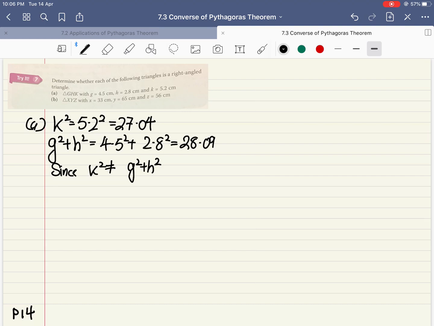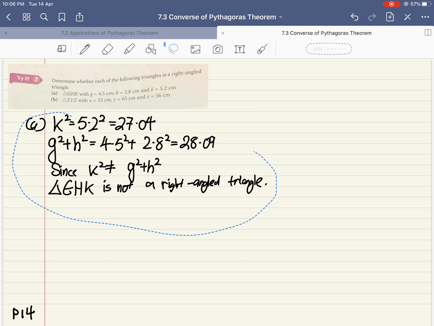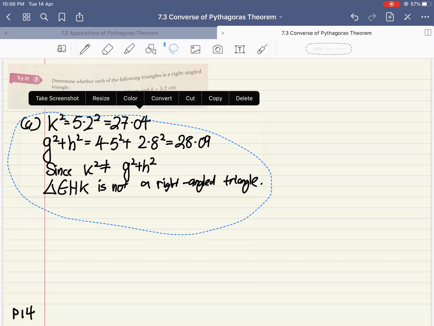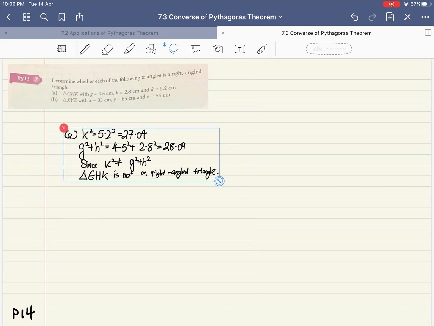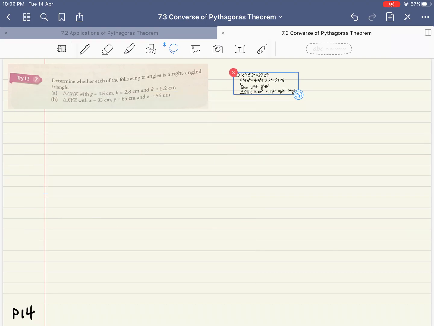So therefore I can say, since k square is not equal to g square plus h square, triangle GHK is not a right angled triangle. In this case, I cannot use the converse of Pythagoras theorem, since k square is not equal to g square plus h square. Let me just shrink this down.